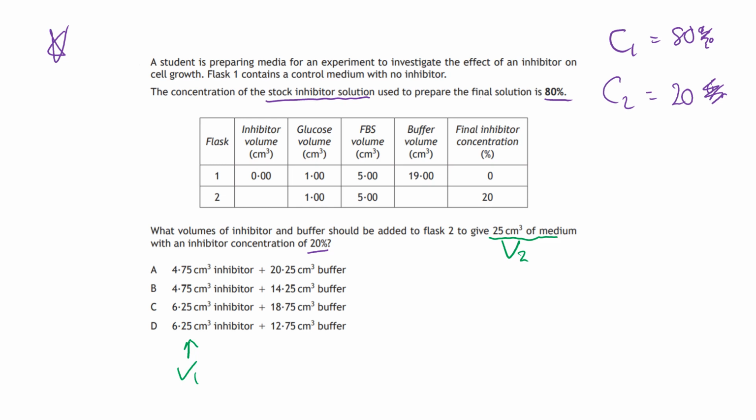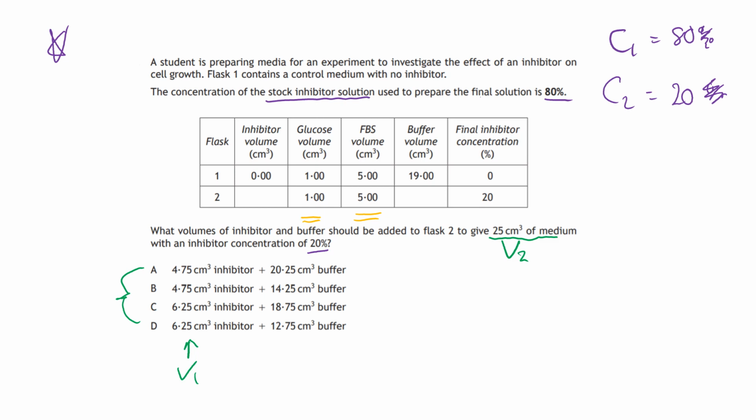So the first thing we need to do is check which ones of these options will actually give us a final volume of 25. The reason why this is a hard question is because our final volume also includes those two things. So our final volume has 1 centimetre cubed of glucose and 5 centimetres cubed of FBS.